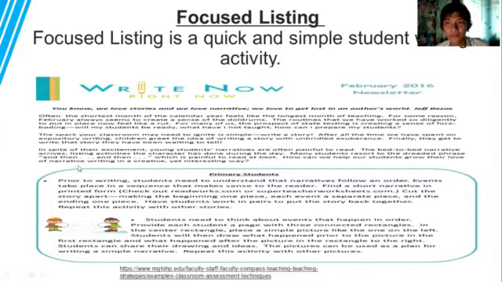So to enable the students to identify the main topic of the story, and for the student to learn to write about the story. And focused listing is a quick and simple student writing activity which enables students to enhance their skills in writing.